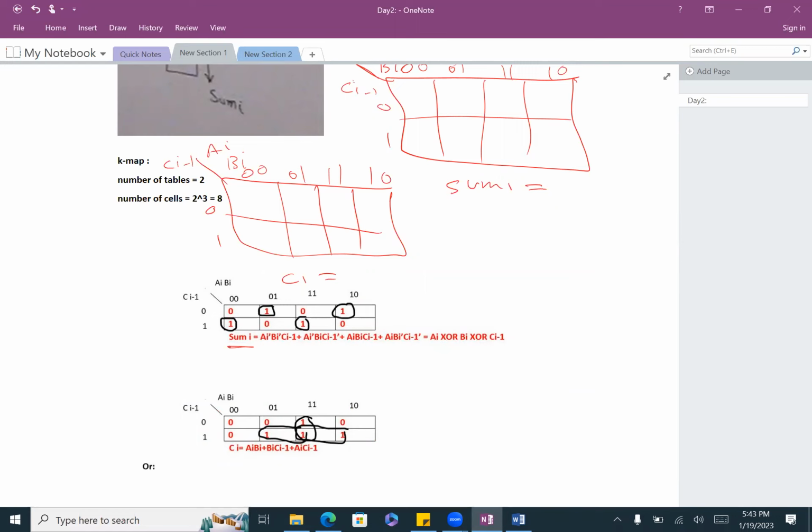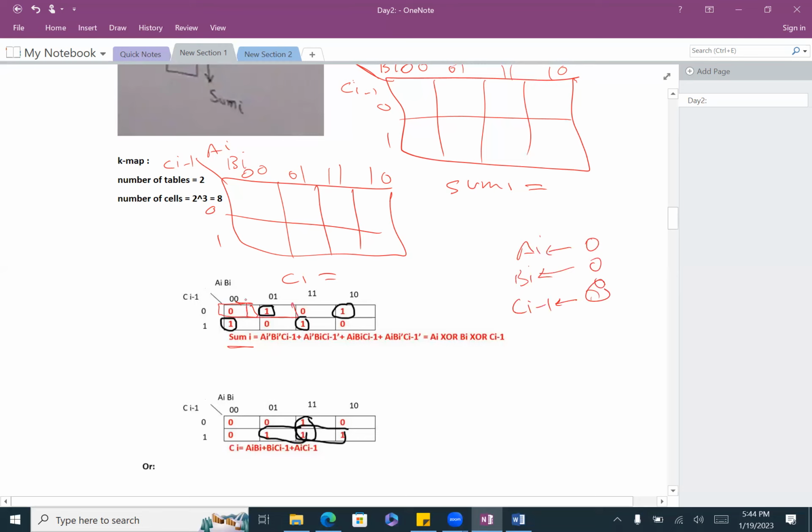The first one, I'm adding 0, 0, and the carry of I minus 1. Correct? So in this block, what's the A of I? 0. B of I, 0. And the carry, 0. So the result will be 0.